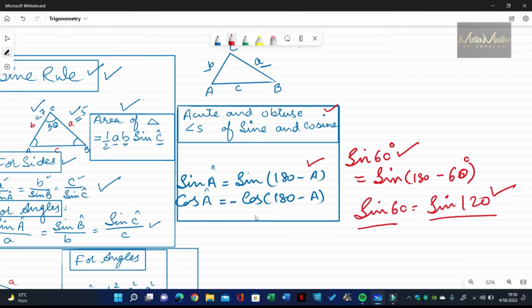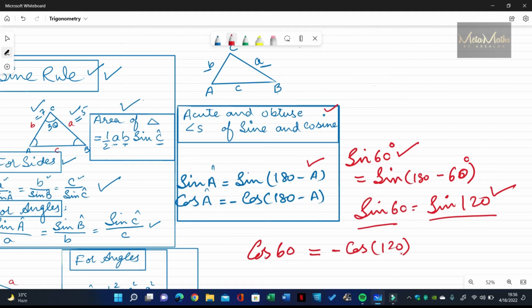In cos, we have a difference. It is cos A is equal to negative cos 180 minus A. It means that cos 60 will always be equal to minus cos 180 minus 60, which is 120. I'm just straight away writing that angle, right?